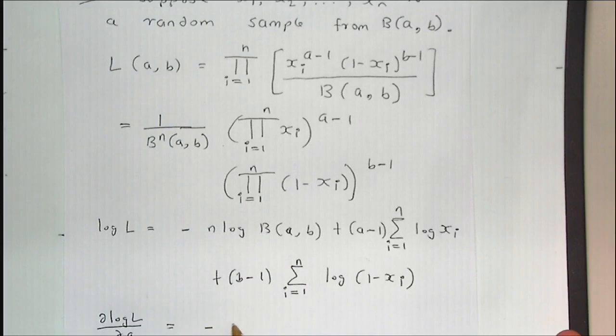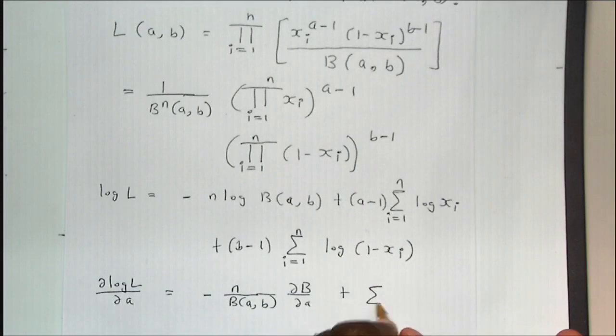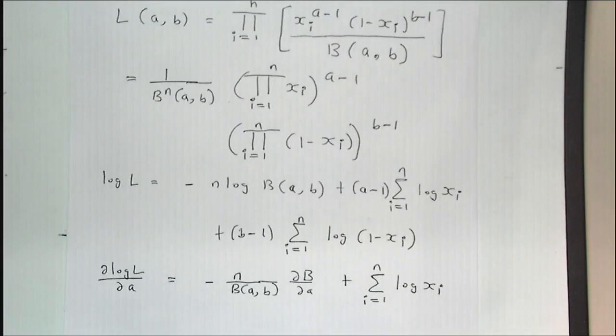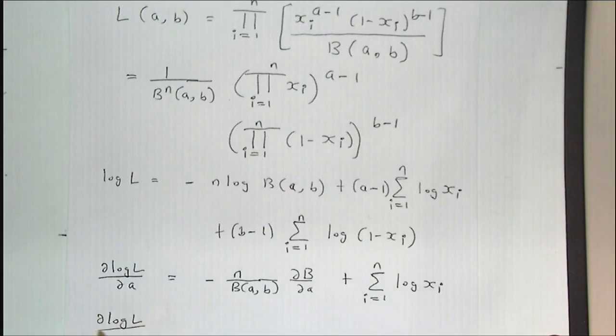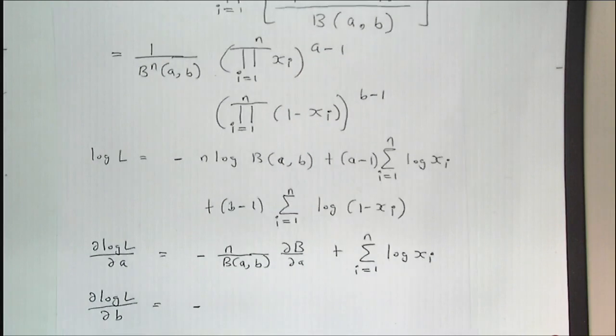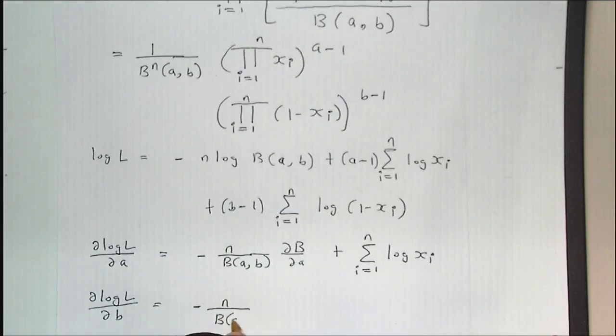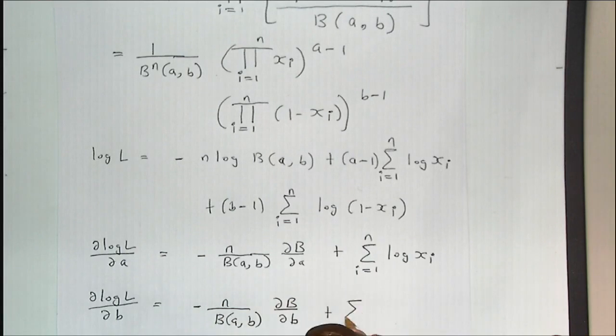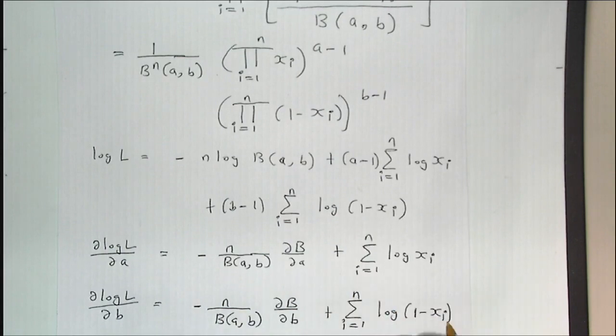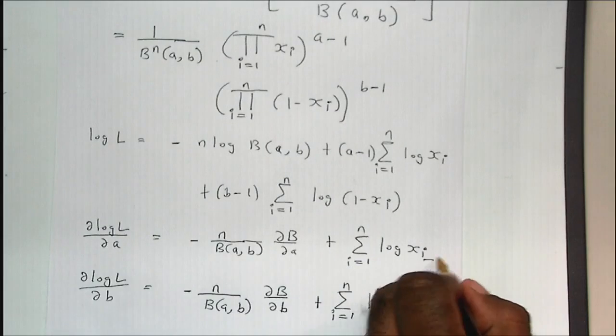With respect to a, it will be n... So this is the partial derivative with respect to a, and the partial derivative with respect to b will be... okay, right? And call this equation 1.